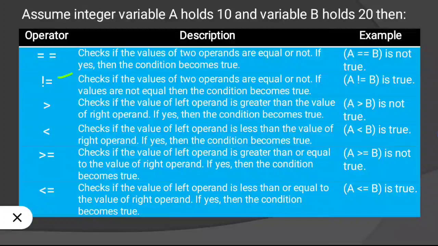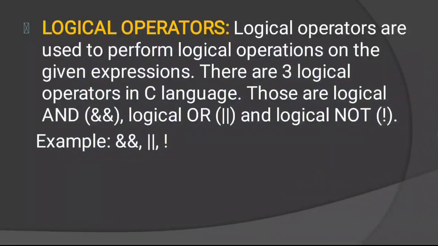Here A is 10, B is 20. Then A is not equal to B. If we write the expression, then output of this expression will be true because 10 is not equal to 20. Similarly greater than, less than, greater than equal to, less than equal to, you know how to use it. Okay, then next we will proceed.